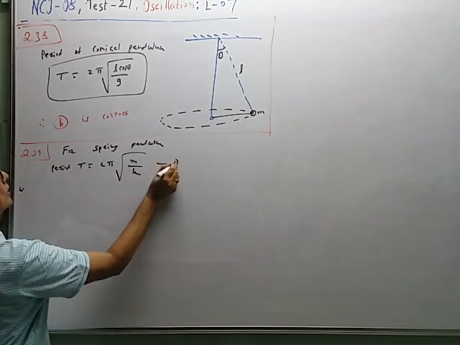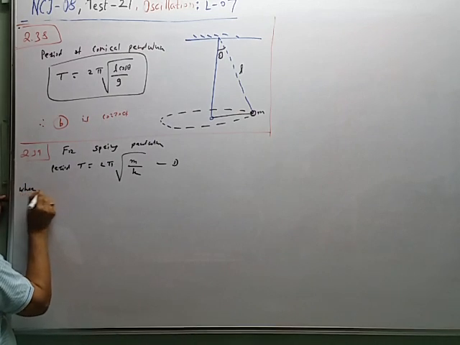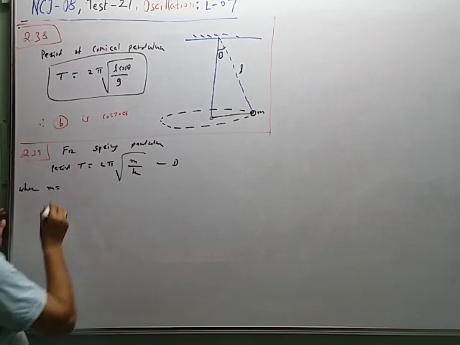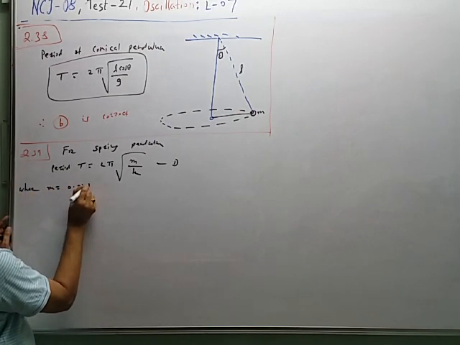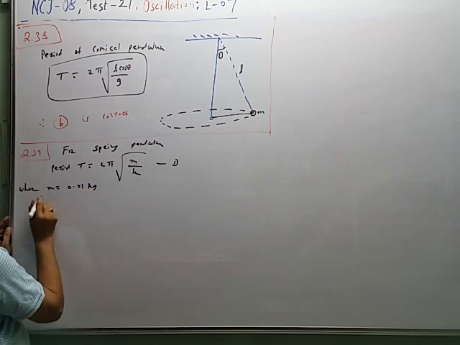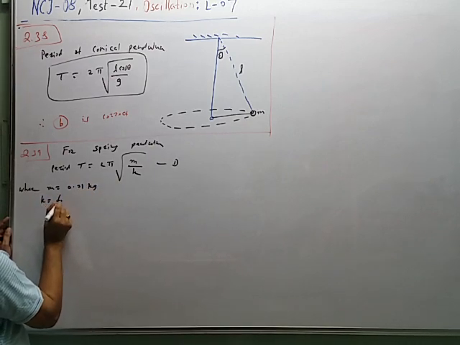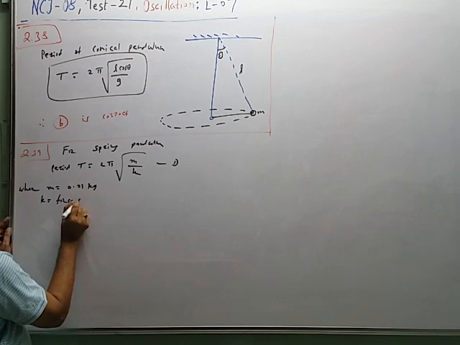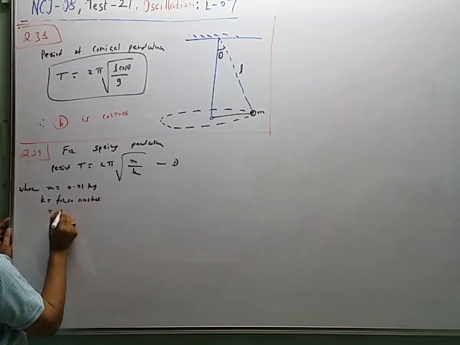This is equation 1, where m is given as 0.01 kg and k is the force constant. It is given by F by x.